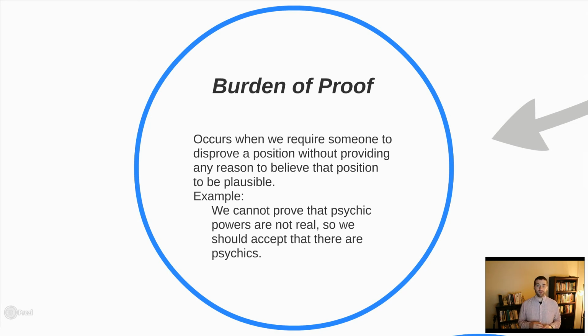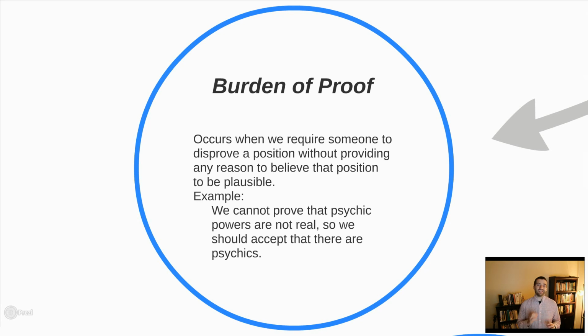Or we can't prove that ghosts aren't real, so we have to believe that they are. Or more commonly, for instance, you can't prove that God doesn't exist, so you must accept that he does. You can't prove that the universe wasn't created 5 minutes ago in this exact state. Or 5 seconds ago in this exact state, rather. And so we have to accept that.